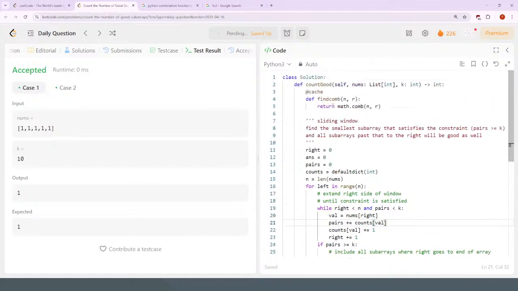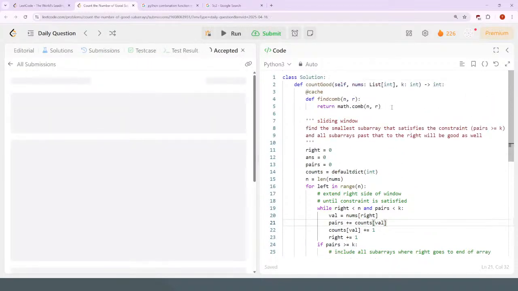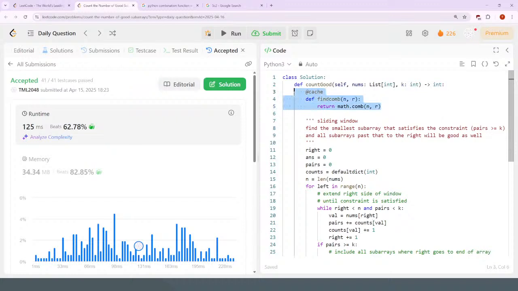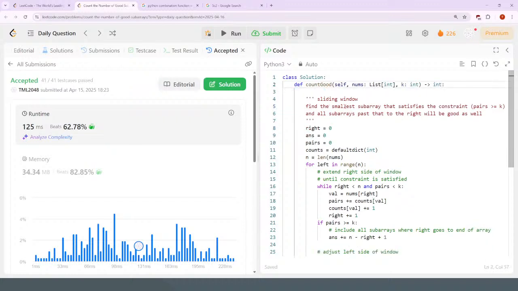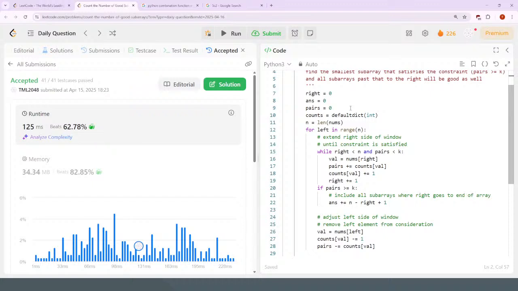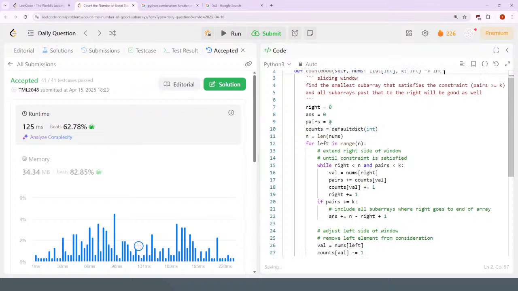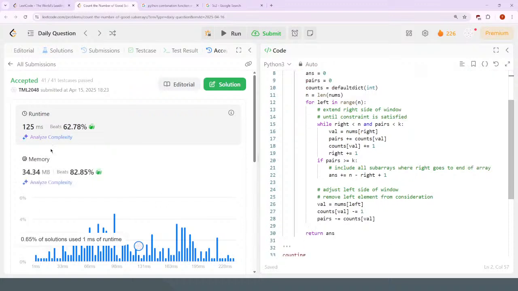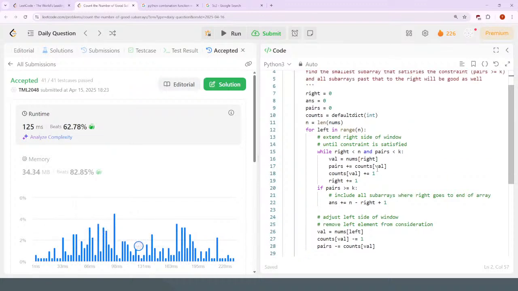Alright, so no need for this combination stuff. Okay, there we go. Alright, anything else? I mean, this is still kind of slow. I'm not sure.